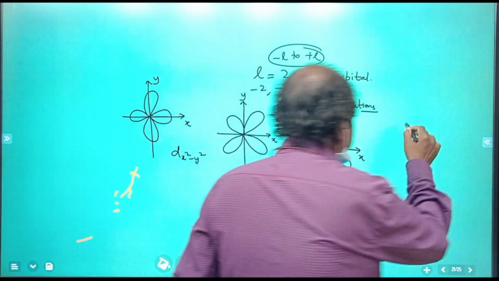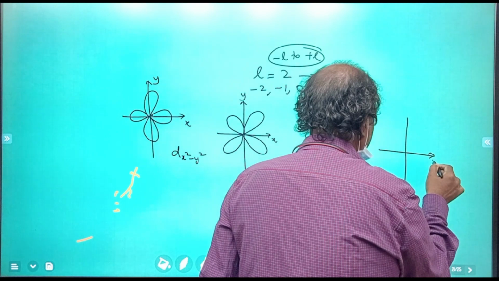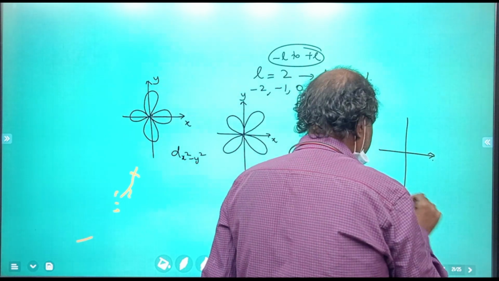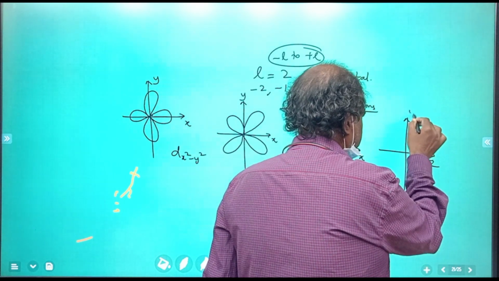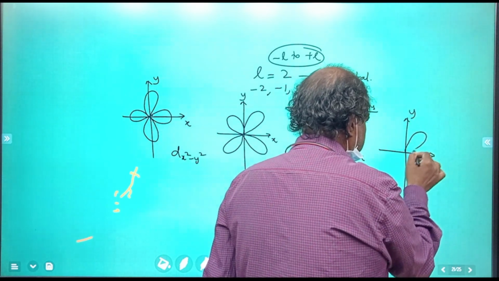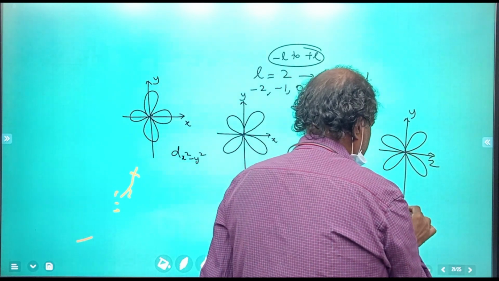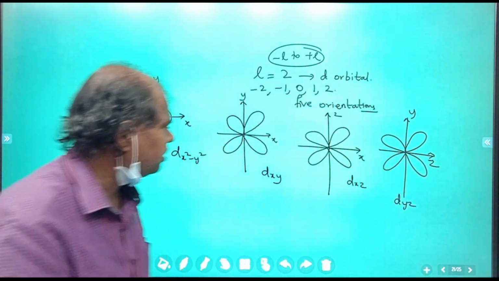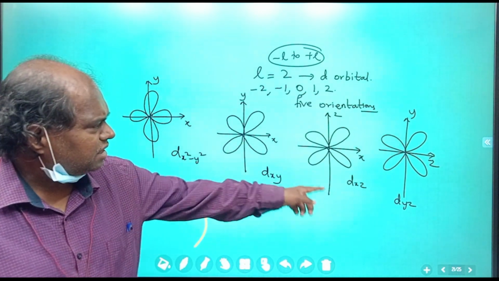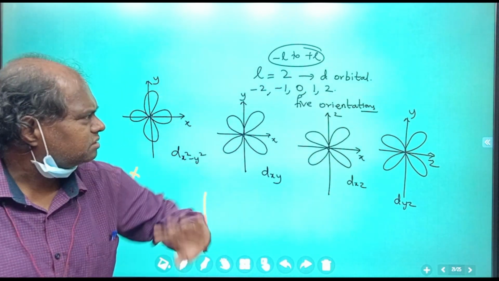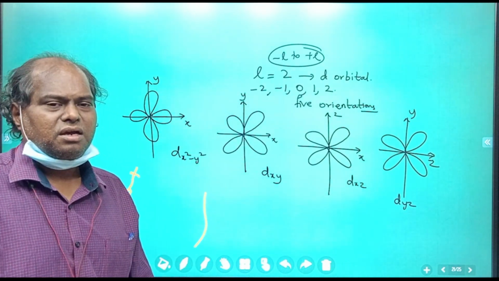Same way you can draw one more also. This is dyz. Students, note down very carefully. dxy means between x and y, dxz between x and z, right? So you have got four orbitals now.